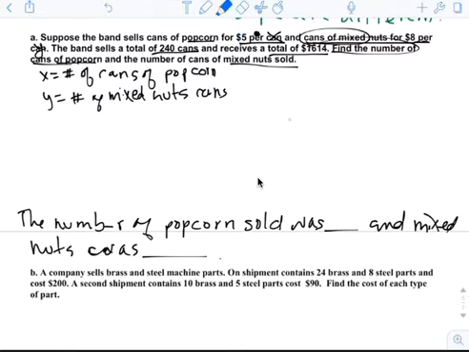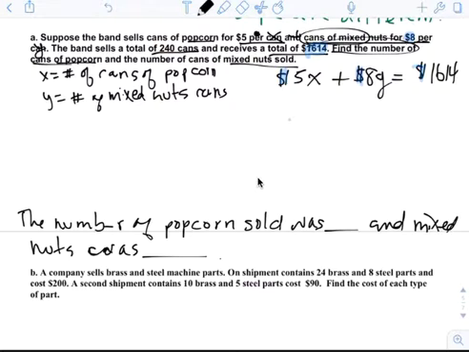Dollar amount: $5 times the number of cans of popcorn plus $8 times the number of mixed nuts has to equal a total of, because it's all dollar amount here, this total dollar amount, $1,614.